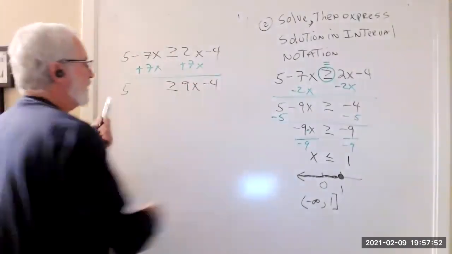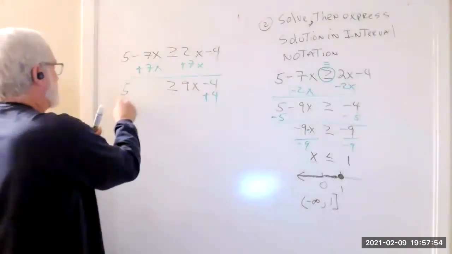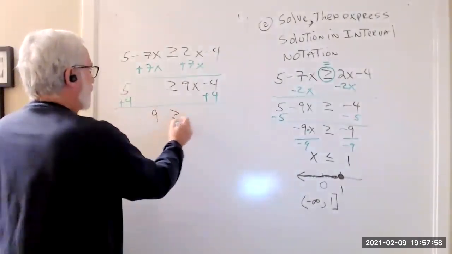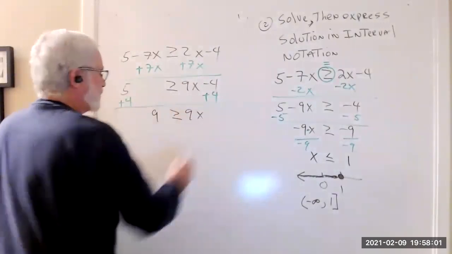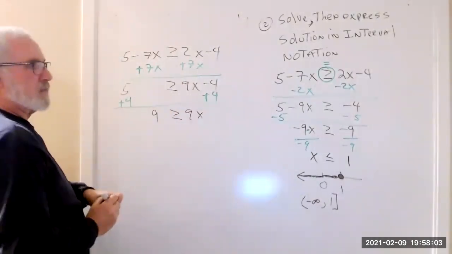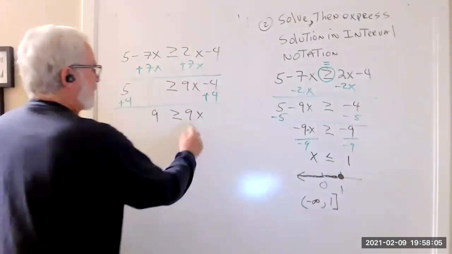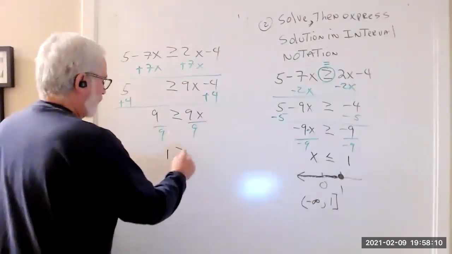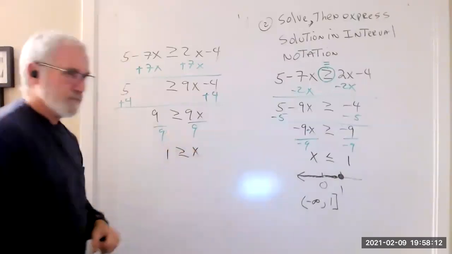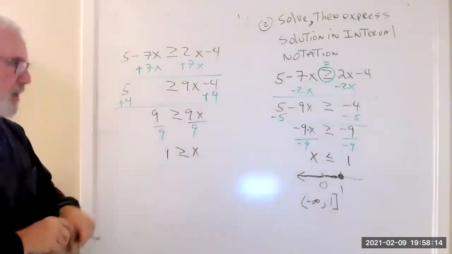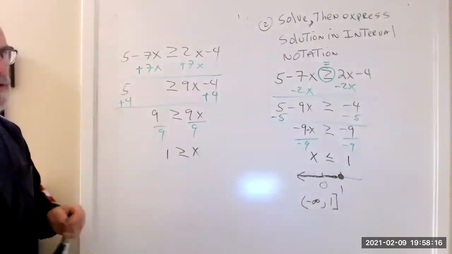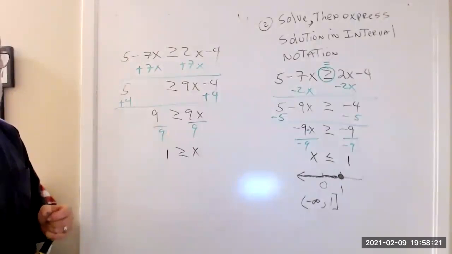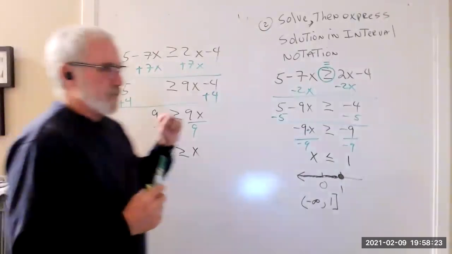Then you added 4. That's fine. And you get 9 is greater than or equal to 9x. Then you divide by 9 and you get 1 is greater than or equal to x. Here's the problem. Where do you shade?